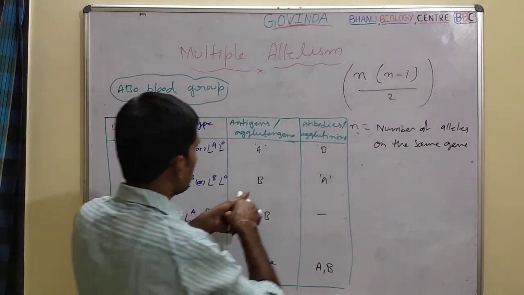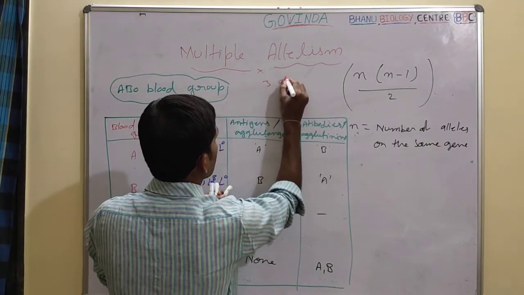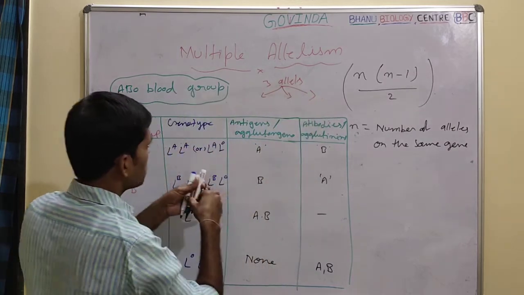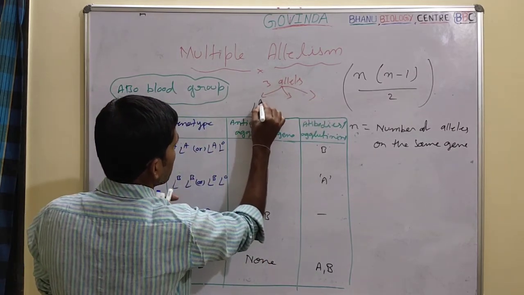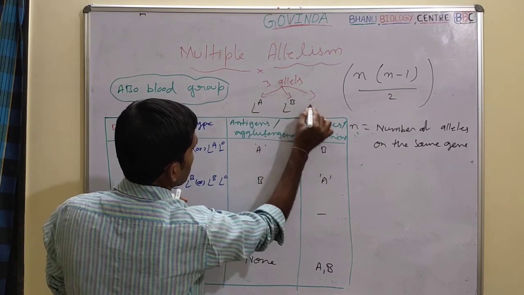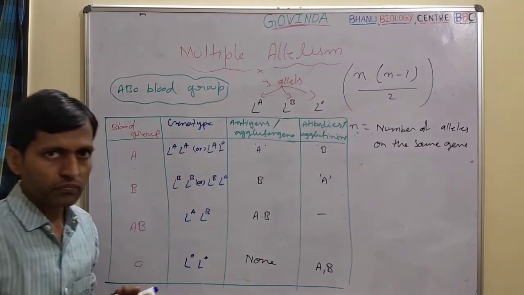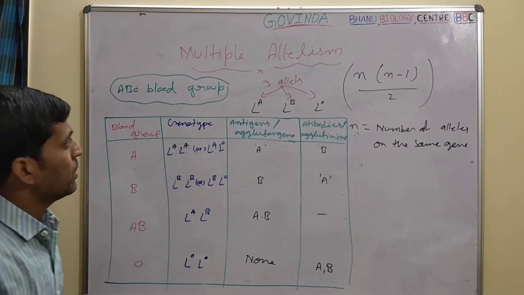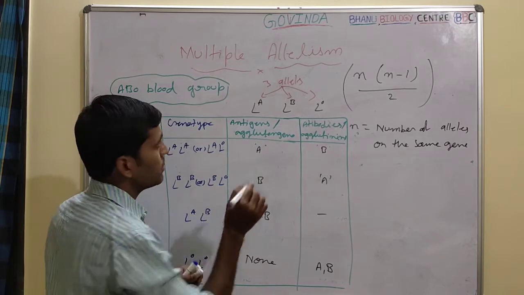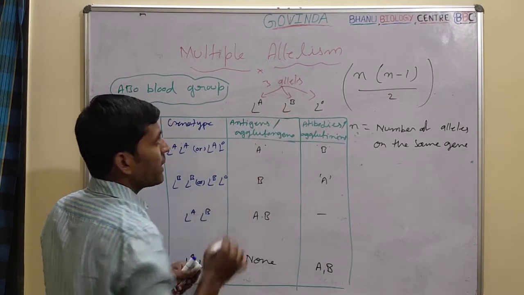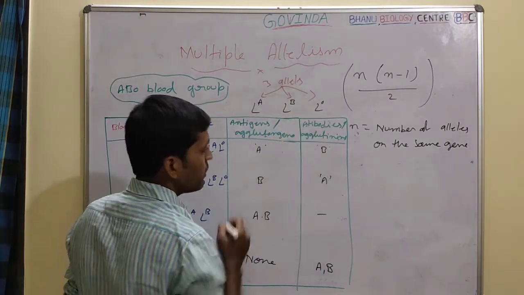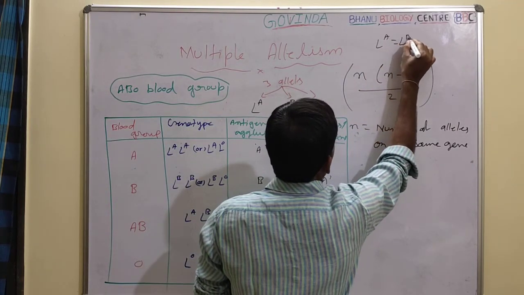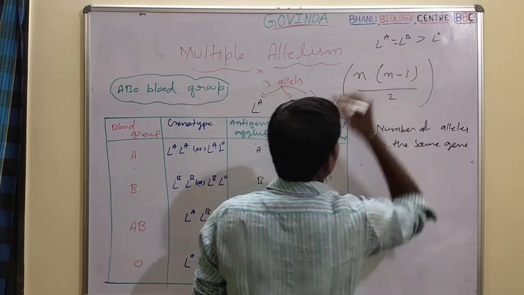Human beings have three alleles: LA, LB and LO. While we were discussing codominance, we said that LA and LB are dominant over LO. It means LA equals LB, greater than LO.